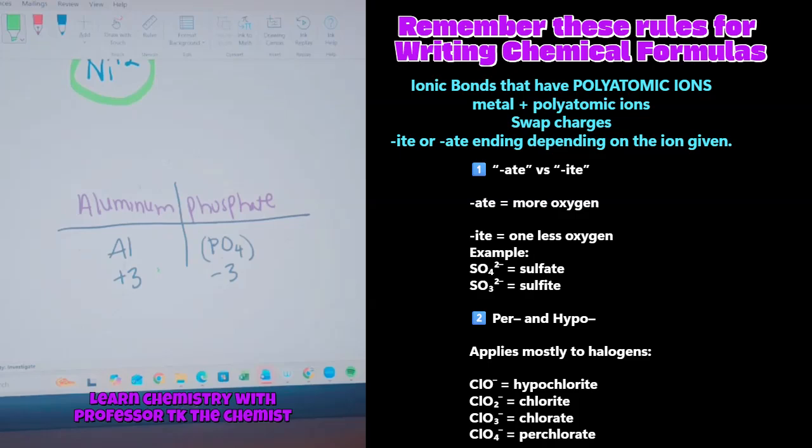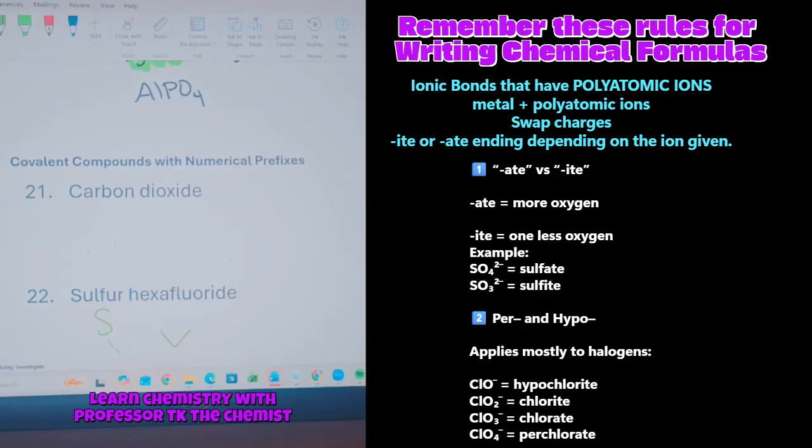Which, by the way, phosphoric acid, but we're not going to get into acids right now, phosphoric acid is actually found in Pepsi, and it is known for being in battery acid. Anywho, those 3s are going to cancel out, and you're going to end up with the formula AlPO4, with the 4. Yep, the 3s cancel.